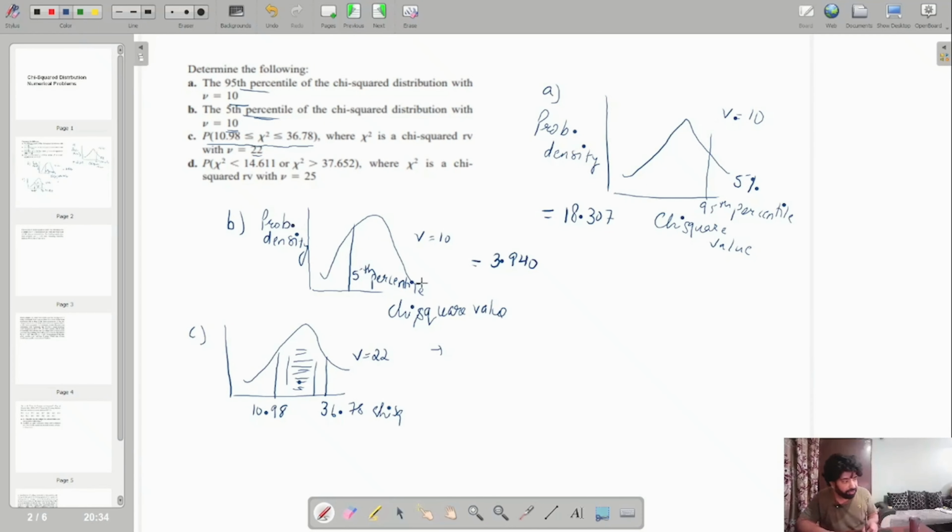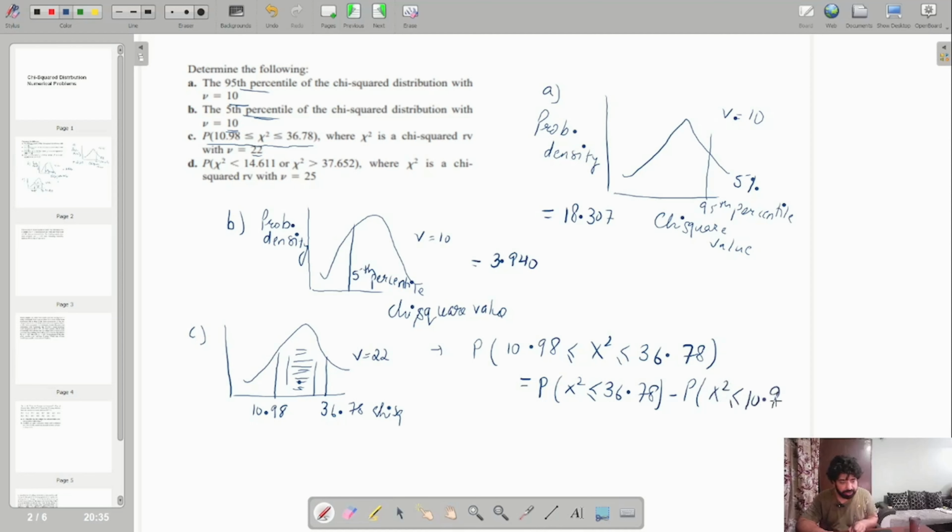Here what I'm going to write is P 10.98 chi square 36.78. Here I'm going to write P chi square less than 36.78 minus P chi square less than 10.98.